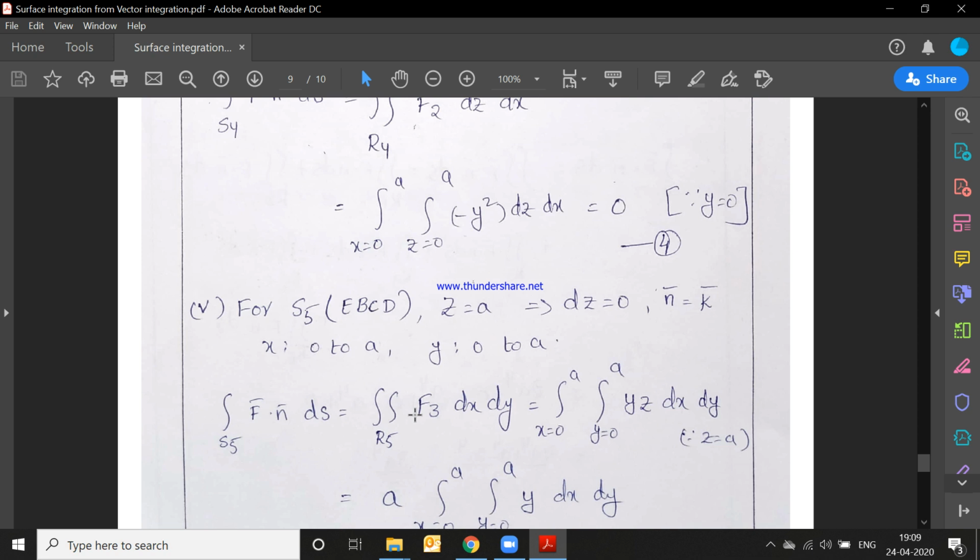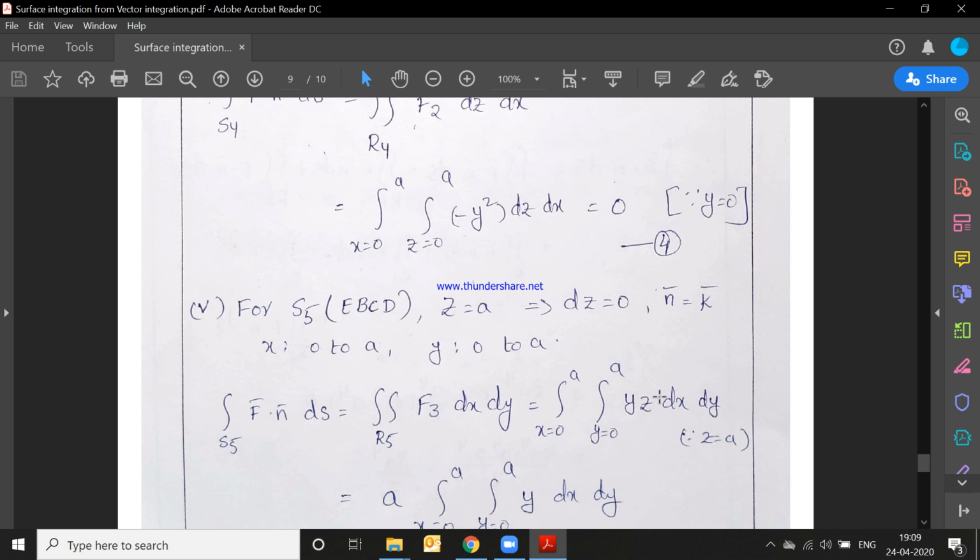If dz is 0, in our f bar dot n bar two terms are zeros, we get only f3 dx dy, and the limits are x from 0 to a, y from 0 to a, and f3 value is yz dx dy.